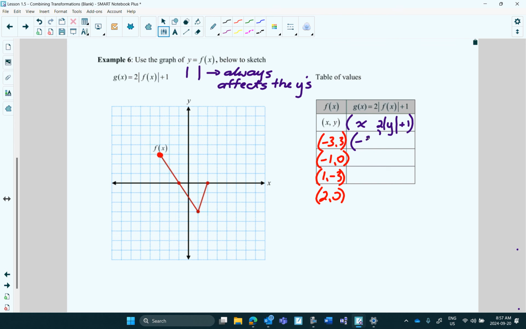So with the new points, we said the x's aren't changing. Okay. Absolute value of 3 times 2 plus 1. Absolute value of 0 times 2 plus 1.